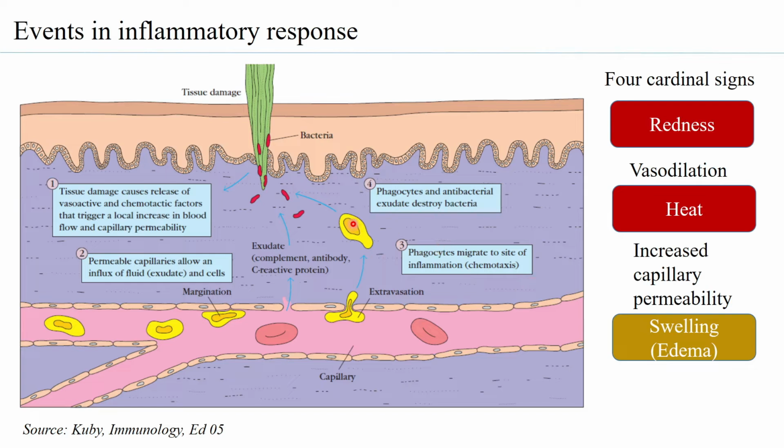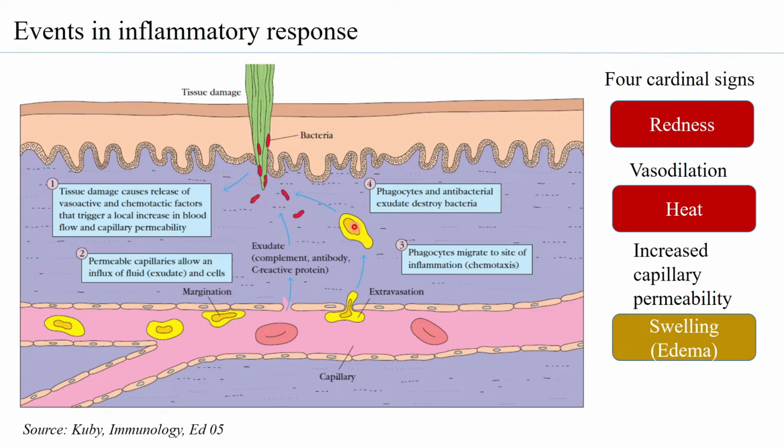And once they are close to the microbes or the tissue damaged region, they are able to recognize the molecular patterns present on the pathogens, and also the damage associated molecular patterns on the damaged tissue. And because of that, there would be phagocytosis.